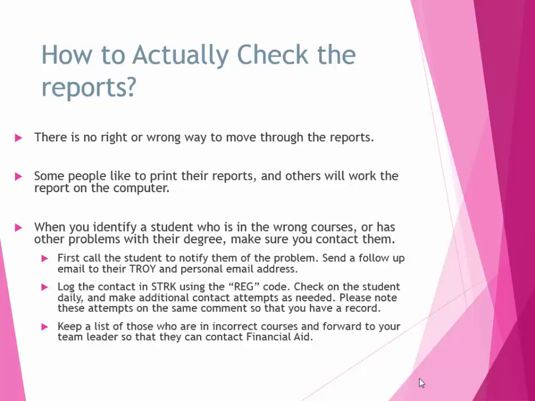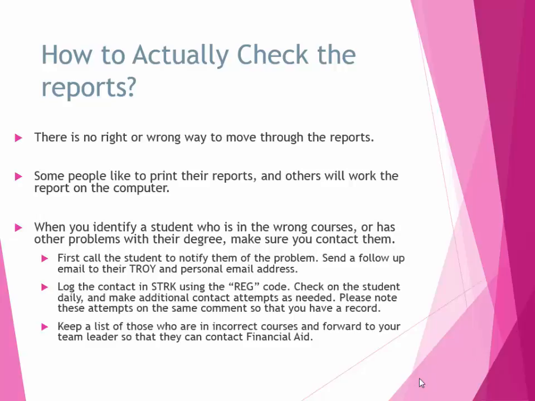So what do you do when you identify a student in the wrong course or somebody that has other problems with their degree? You want to make sure you call them and notify them of the problem, and send a follow-up email. Anytime you contact them during registration about any problems or issues you encounter, code it in STRK with the REG code. What we try to do is make multiple attempts to contact the student.